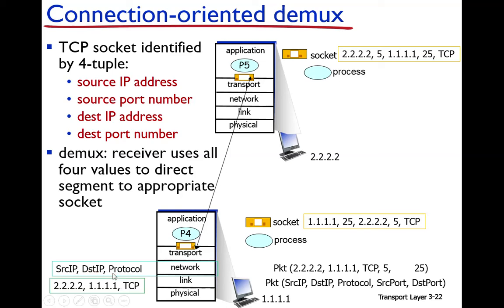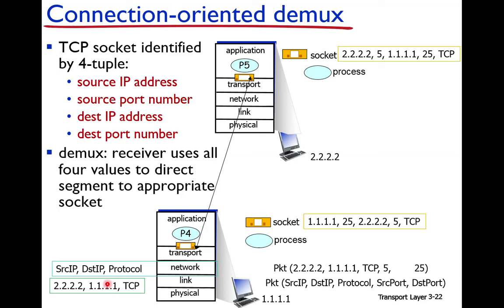Their values in the packet are: source IP address is 2.2.2.2, destination IP address is 1.1.1.1, and the protocol is TCP. So the network layer will examine the destination IP address.